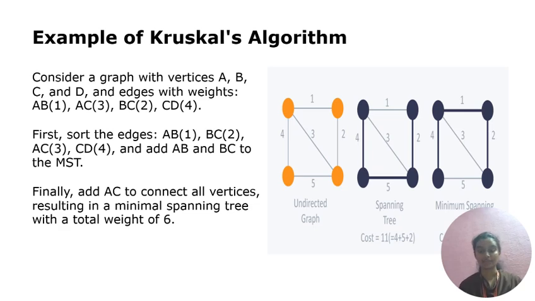Finally, the cost of the spanning tree is 11, that means 4 plus 5 plus 2. Finally, add the AC to connect all the vertices, resulting in a minimal spanning tree with a total weight of 6, as no loop is formed in the third picture, which consists of AB, BC and AC, which is the minimum spanning tree for the given Kruskal's algorithm.